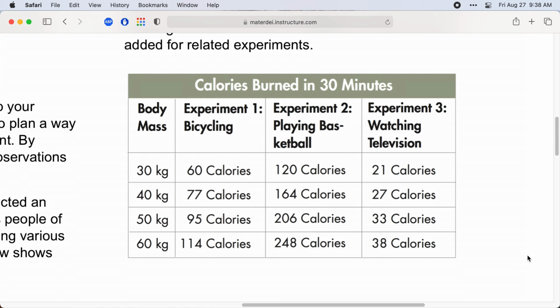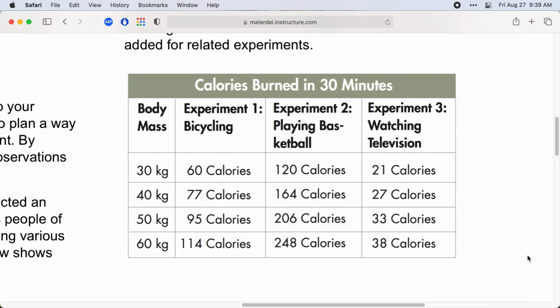If you don't have a title, the data table can't make sense to someone not knowing what it's supposed to contain. So if I didn't have calories burned in 30 minutes, and you're looking at 60 calories, 77 calories, without the title up at the top, the numbers don't make sense. So don't forget to always have a title.